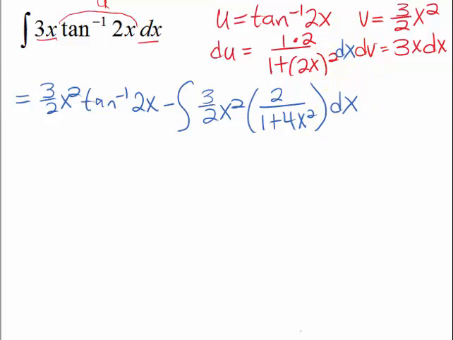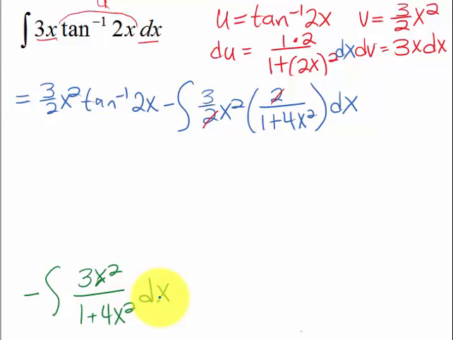Alright, so let's see where we are. We can cancel these, and I'm going to go down to the bottom and write this integral. It's going to be negative integral of 3x squared over 1 plus 4x squared dx.